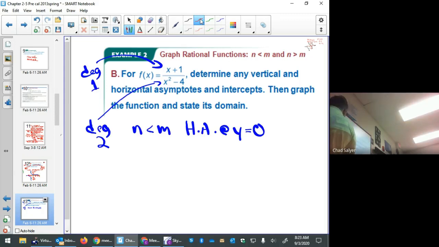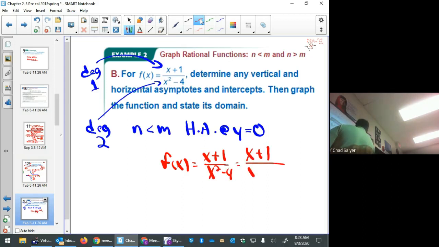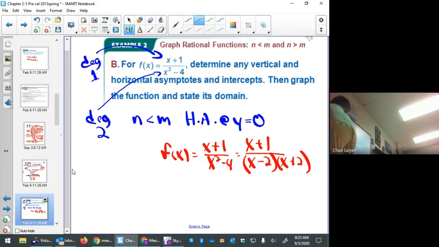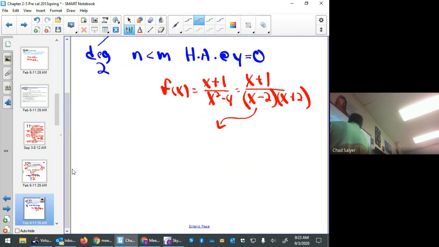So I'm going to factorize, before I do my vertical asymptote analysis, I'm going to factorize that denominator just so I can make sure, remember the difference of squares factoring trick. I see there are 2 zeros in the denominator, and they are at x equals 2 and x equals -2.